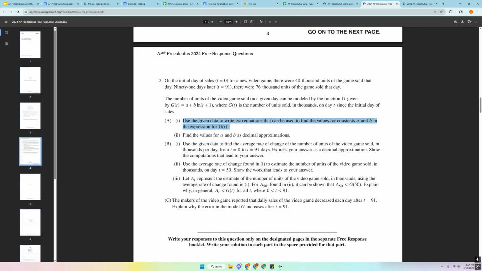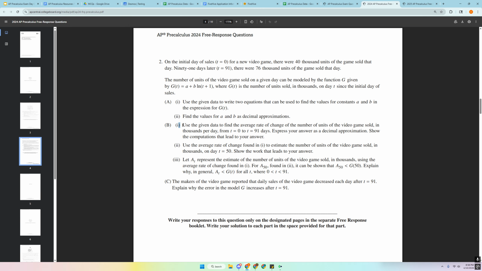Okay, for part B, this is also a calculator question, so you could just put this in Desmos and figure out your answer. For part B, you would find the average rate of change, so you would do y2 minus y1 over x2 minus x1.